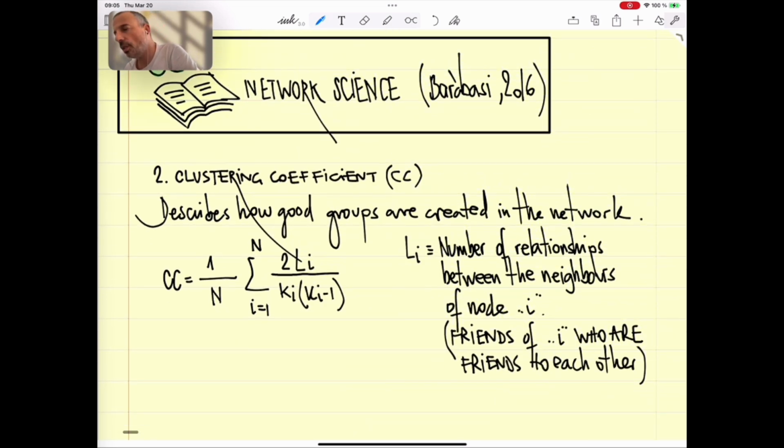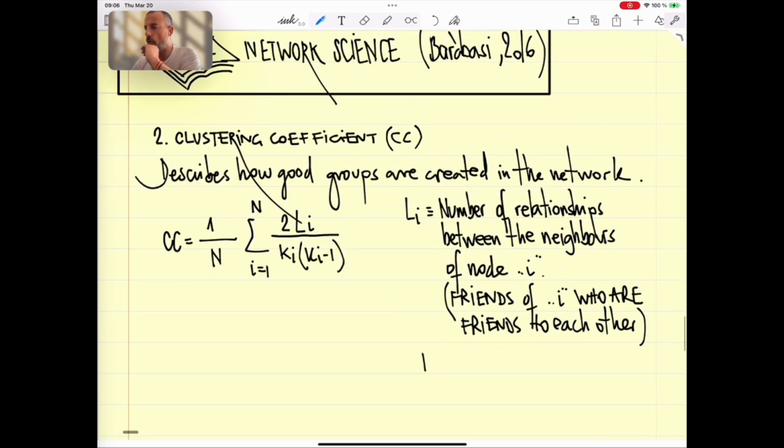So this is the way to think about this. Imagine you have 5 friends. Who of these, or how many of these friends of yours are friends to each other? This is the way to think about L sub i.